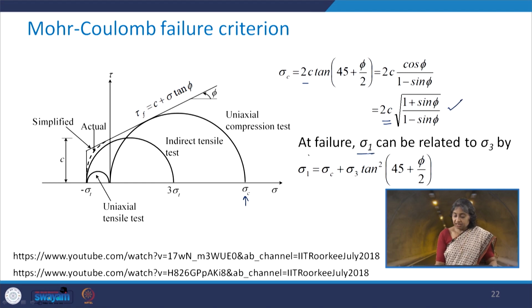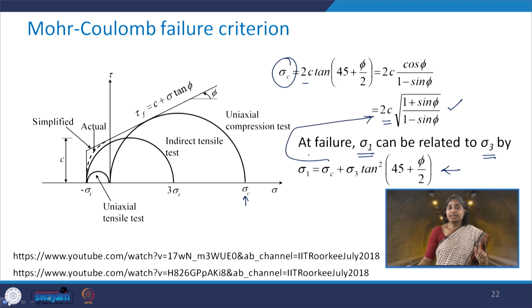At failure, sigma 1 can be related to sigma 3 by this particular expression, where sigma c can be represented by this expression. In case you want to know more details about such failure criteria, you can refer to these two links where I have discussed these failure criteria with respect to rocks in a more detailed manner.